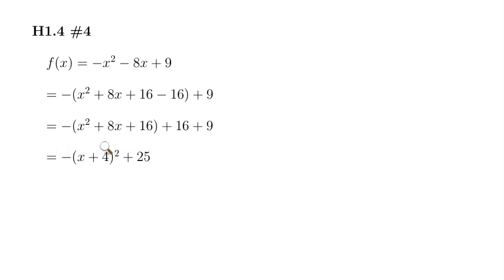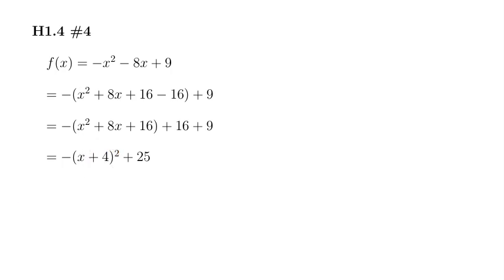So the biggest we can get out of this part is 0, then plus 25, so 0 plus 25. So 25 is the largest possible function value we can get from f of x, because this part is always less than or equal to 0.